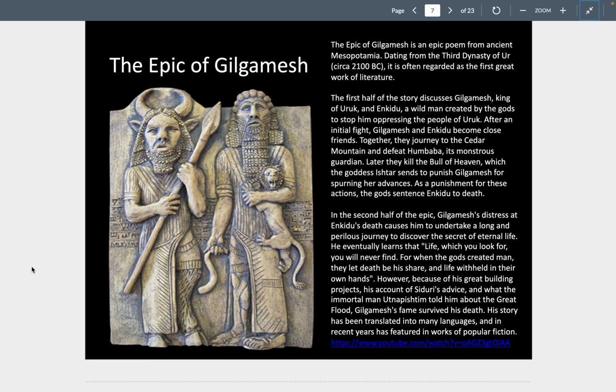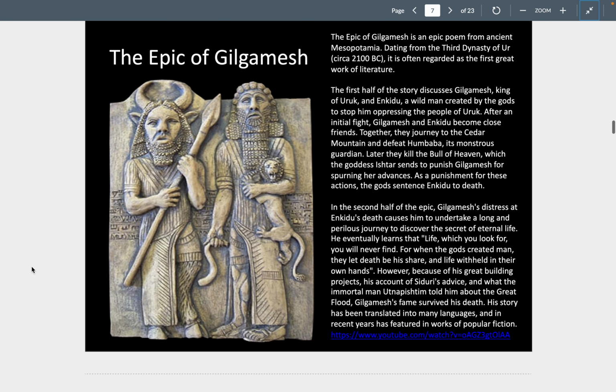So in the second half of the epic, Gilgamesh is going to take a journey to discover eternal life, and eventually learns that he will never find eternal life, because when the gods created man, they let death be part of life, and only the gods could remain immortal. And this is ultimately one of the lessons to be learned here, that this part god, part man king who could do a lot of things, ultimately had death waiting for him.